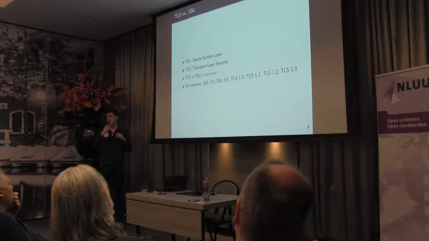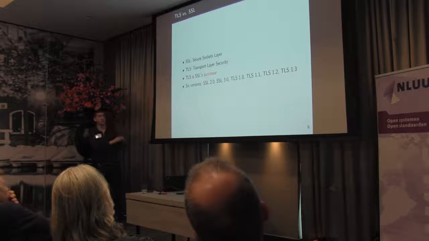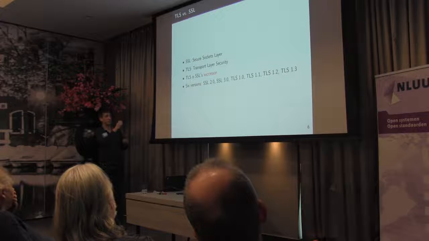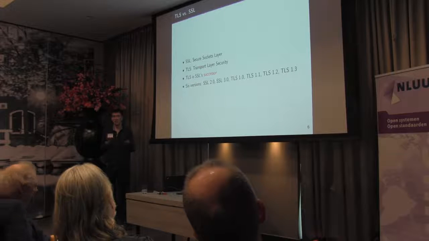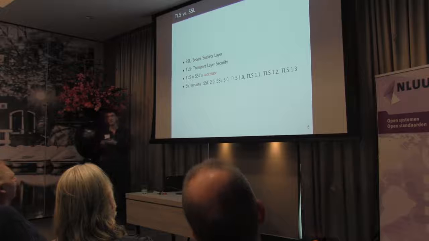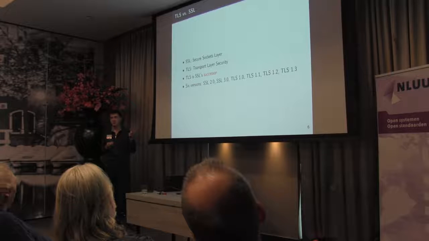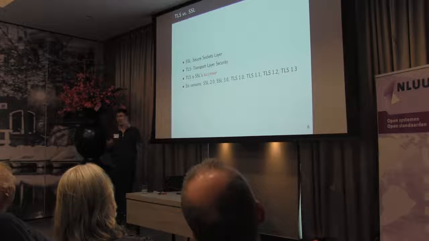We had SSL versions 2 and 3, and the next version was basically called TLS 1.0. So there are 6 protocol versions, and halfway through they just changed their name. So that's basically what the difference between SSL and TLS is all about. And sometimes these two names are still used interchangeably. So often when people talk about SSL, they just mean TLS.